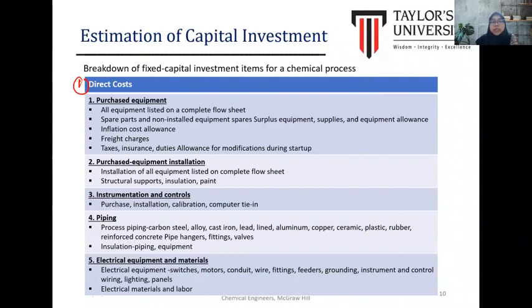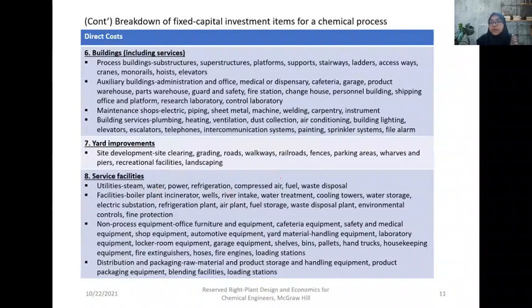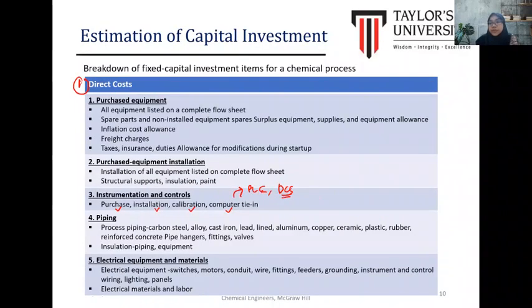Any cost under instrumentation and control should be considered, including purchasing the devices and instruments, installation, calibration of the devices, and also the computer, such as for either PLC or DCS. DCS is the system to supervise the process plant in a control room.